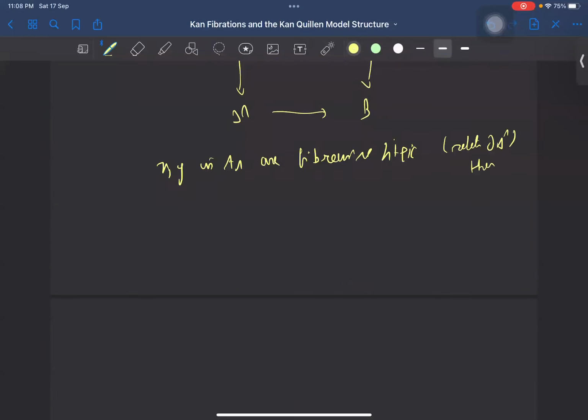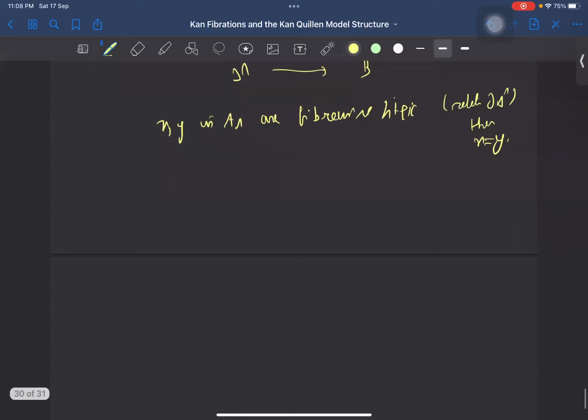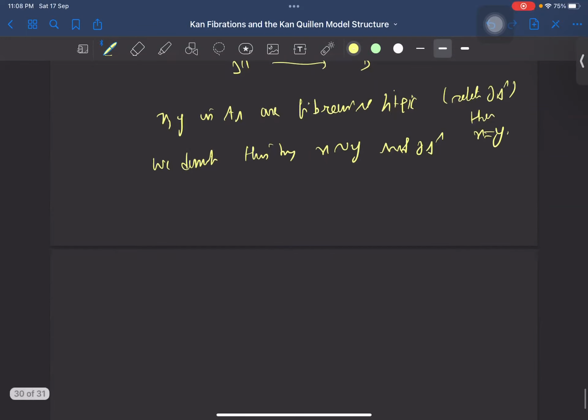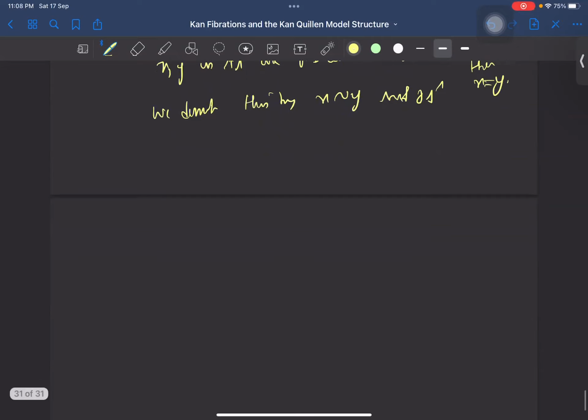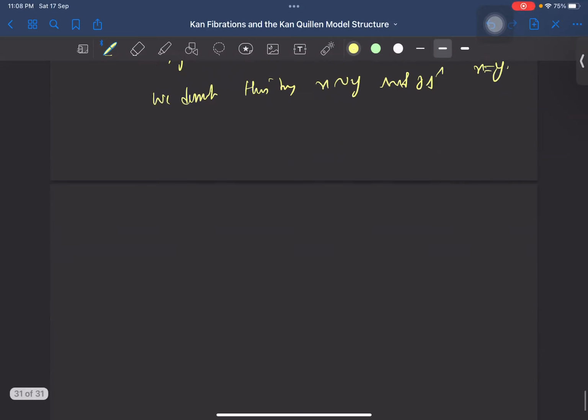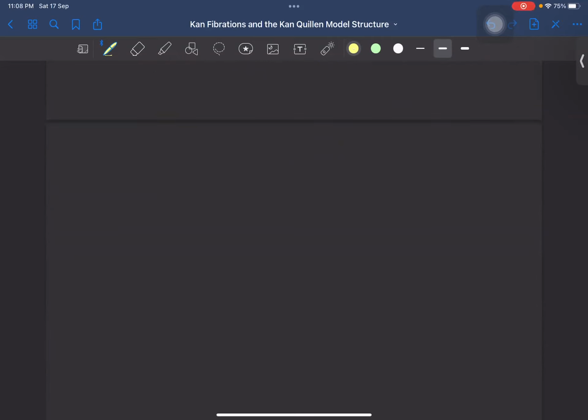Then x is equal. So we denote this by mod. It's like taking mod, right? It's obvious that if A is a Kan complex, then it is an equivalence relation. So I defined it.